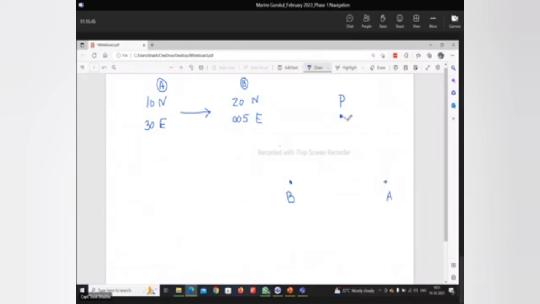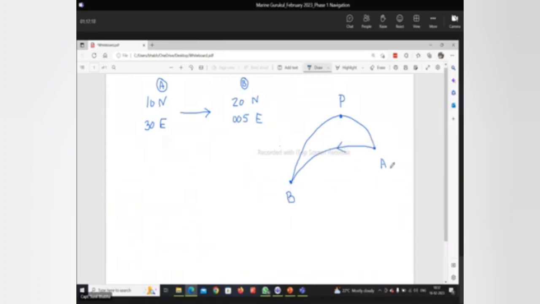Our triangle would be like this. Oh, just a minute. We have to show the latitudes also. So A will be somewhere here and B would be somewhere here. So if you want to make the PAB triangle, it would be like this. This is how the ship will be moving.